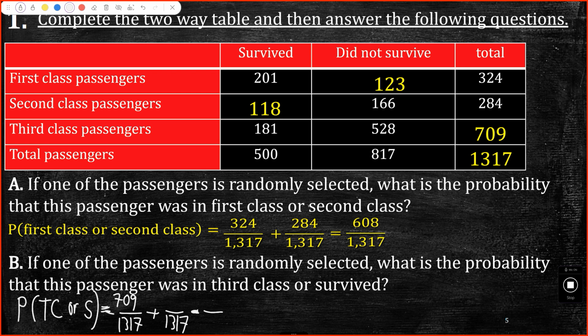How many survived? It's a total survived, no? How many total survived? Look, total of this and then total of that. Total of survived is 500. Yes, 500. That's what goes here.